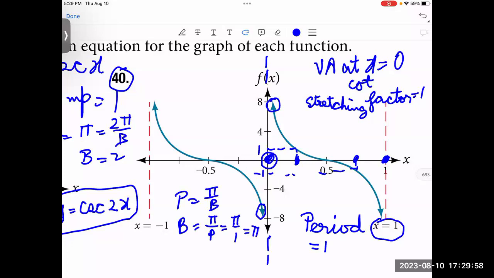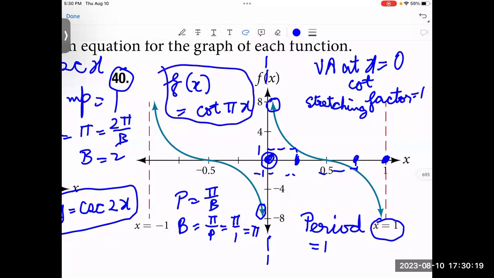So b is pi, stretching factor is 1, and it's a cotangent function. So we can conclude that f of x equals 1 times cotangent of pi x. That's your answer.